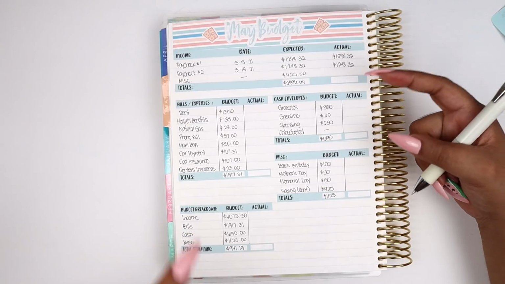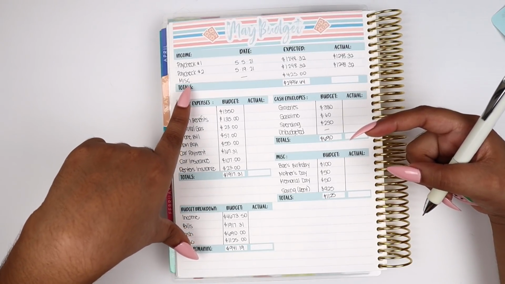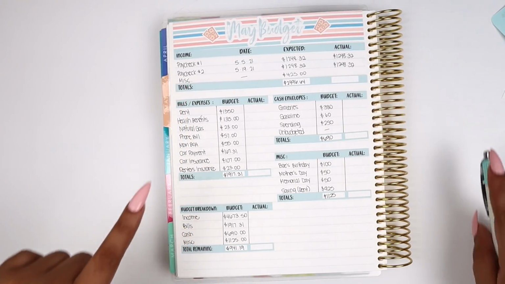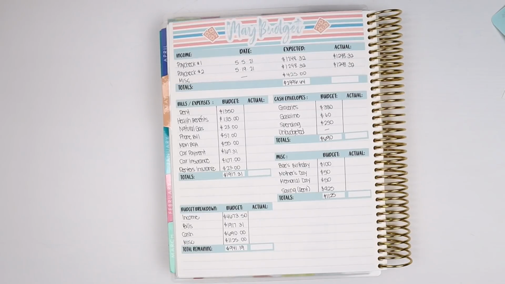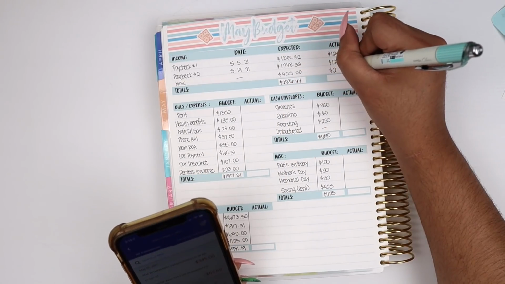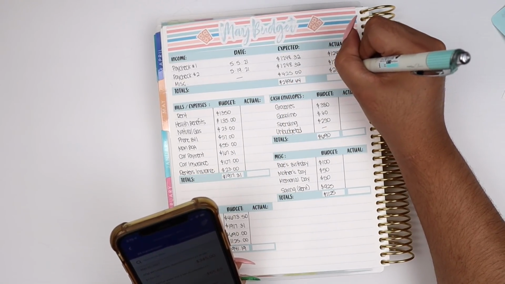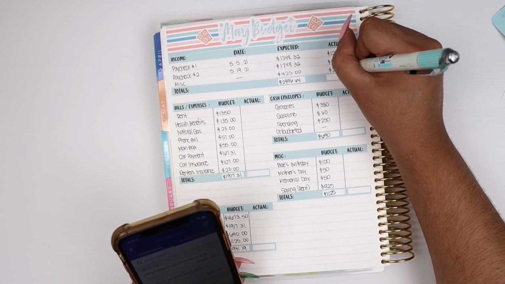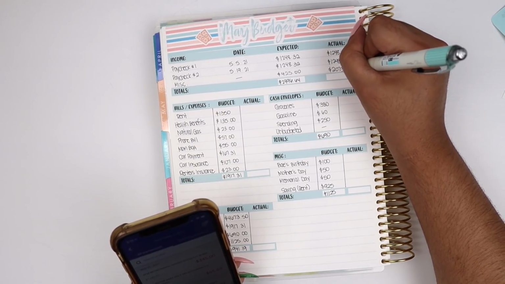And then for miscellaneous, something that I forgot to add on here was a rollover. For my rollover from the month of April, because April I kind of forgot about it or didn't care to do it, the total that I rolled over for the month of May plus my boyfriend's rent is $2,073.92.